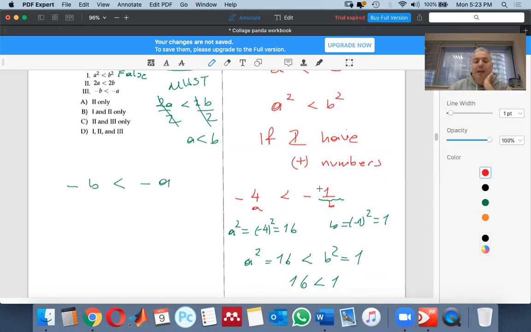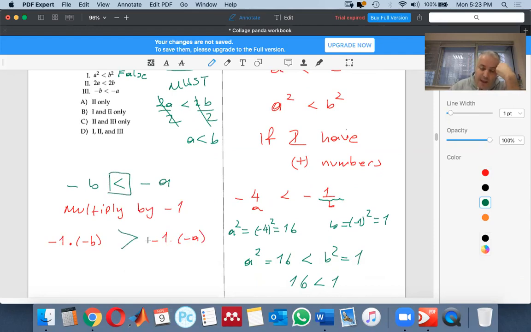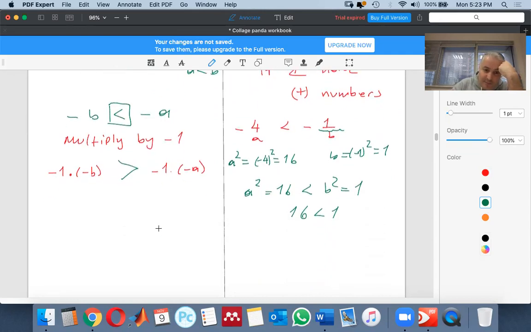So if I multiply this by -1, so -1 times -B, -1 times -A. Since I have multiplied by a negative, the inequality must change. Do we agree? Yes.